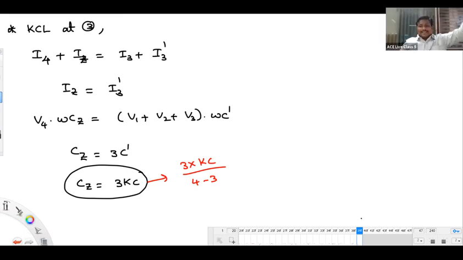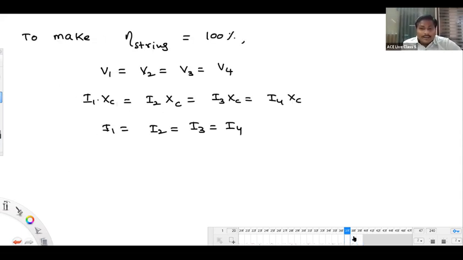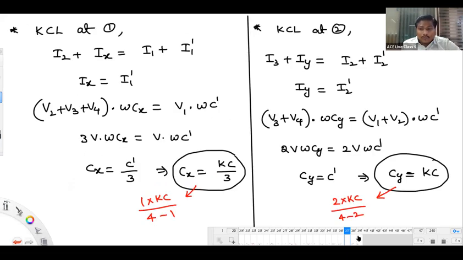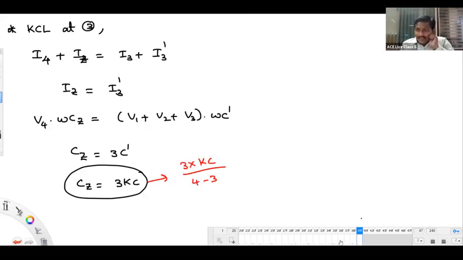So let's check now. See, it is 1 into Kc by 4 minus 1, 2 into Kc by 4 minus 2, 3 into Kc by 4 minus 3. What is that 4 we have here?